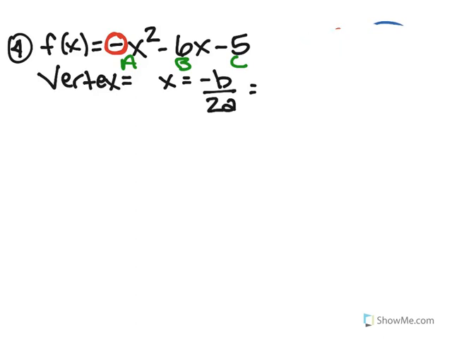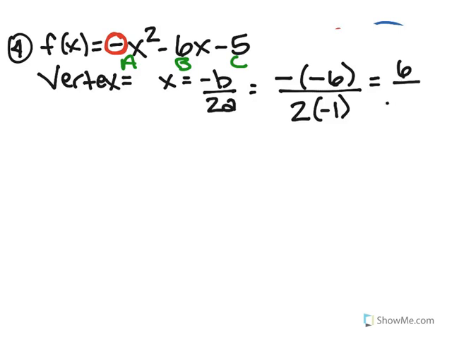So our b term is, as minus the b term, which is a negative 6, over 2 times your a term, which is negative 1. Watch your signs. So that's going to produce a positive 6 divided by a negative 2, which will produce a negative 3. Okay? That's going to be our x coordinate of the vertex.